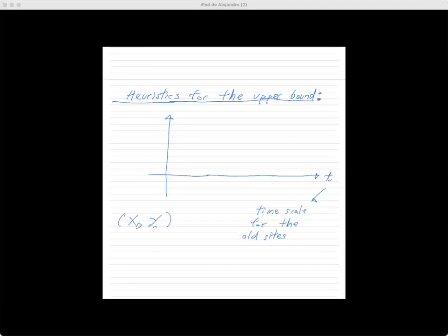The notation is not very good because I was using already x for the random walk. I'm thinking about the old sites as having their own time scale, and this is what I'm thinking as the t here, and this coordinate moves well like some simple random walk.